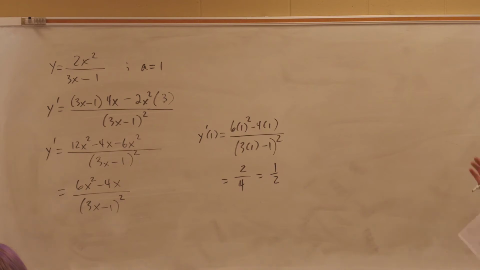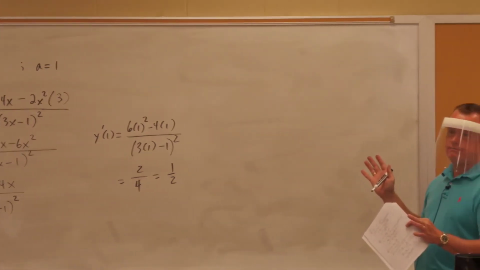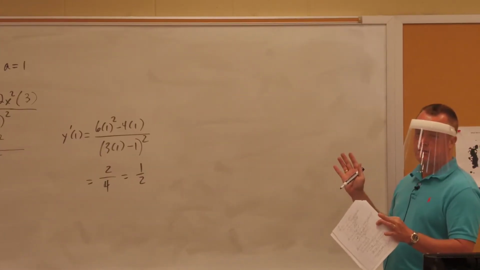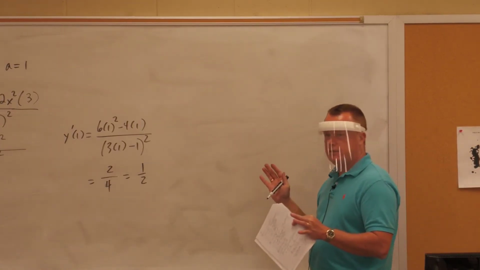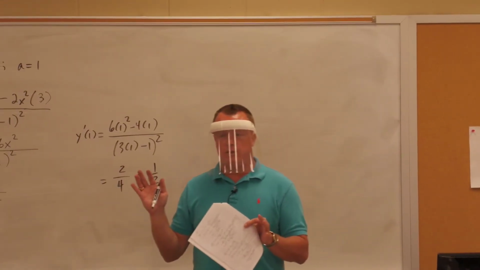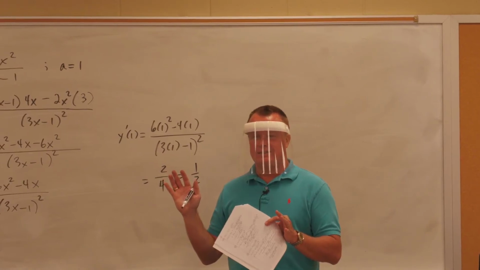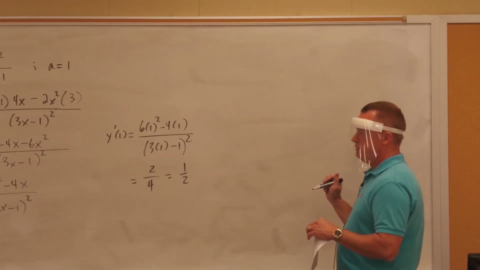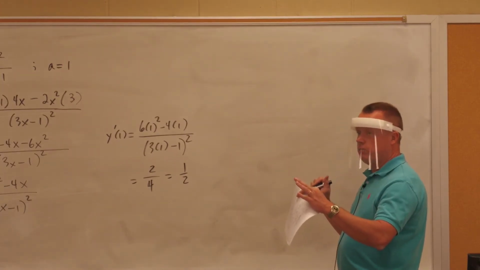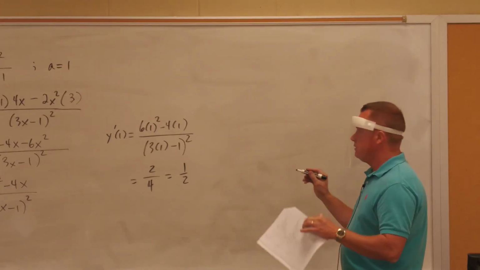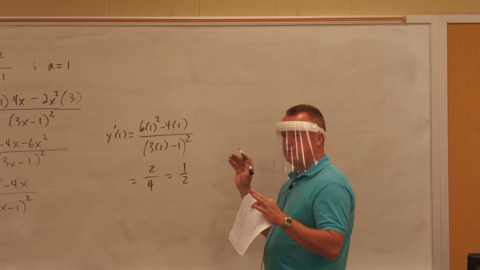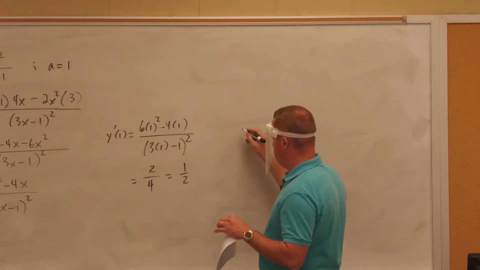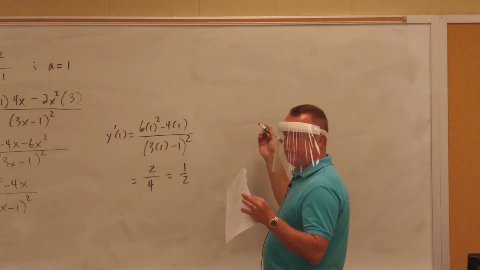Now, how do I write the equation of a tangent line? What do I need to start with? You could do y equals mx plus b. What did we do in the past? What's that called?